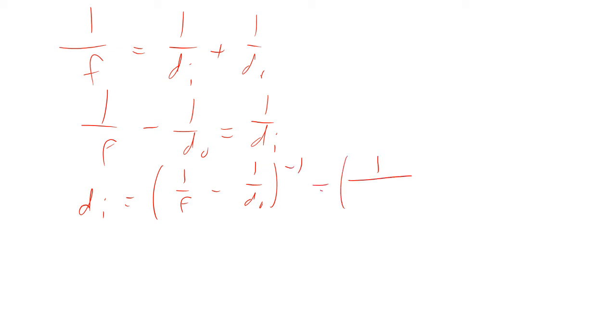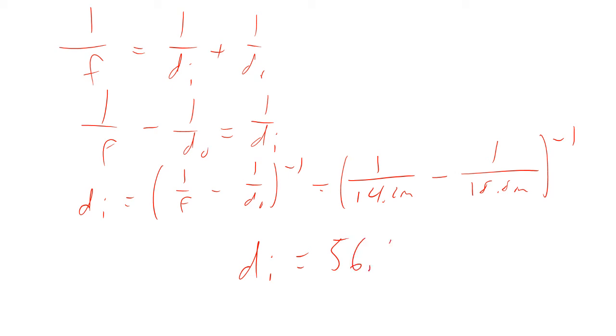So in this case, that'd be (1 over 14.2 centimeters minus 1 over 18.8 centimeters) to the minus 1. So di comes out to be equal to 56.4 centimeters. Okay, so this is 56.4 centimeters.